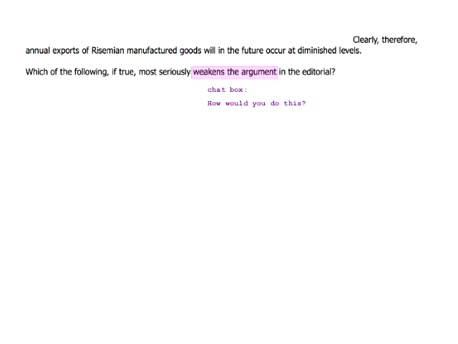Okay, a couple of people are typing this. So make sure you know what that is. This is not what an answer choice is going to look like. Let's say it's Matt again. Matt is saying that exports are going to go down, at least of these particular types of goods that we're talking about.